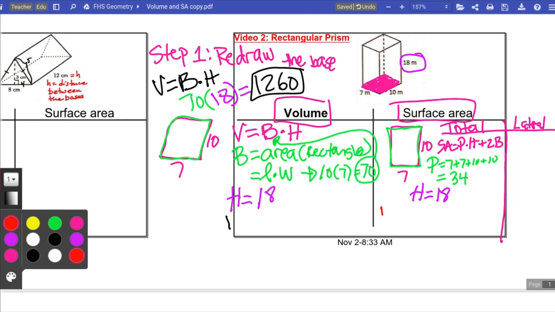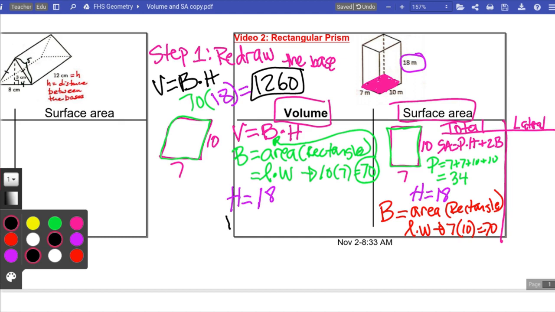Now let's move to big B. Big B is the area of the shape that I have redrawn here, which is a rectangle. In this case, length times width, which is 7 times 10, which is 70. I'm ready to plug everything in because I have all my numbers.